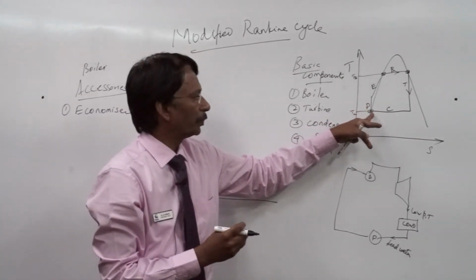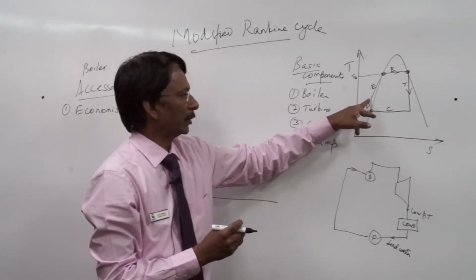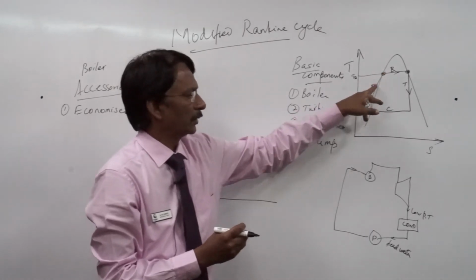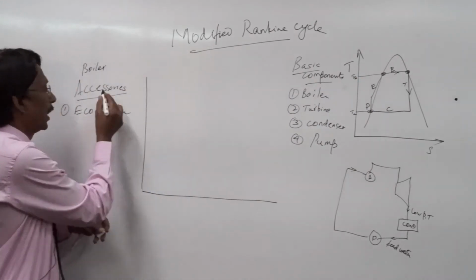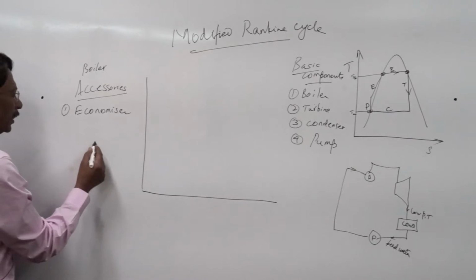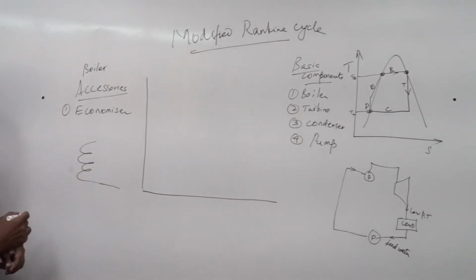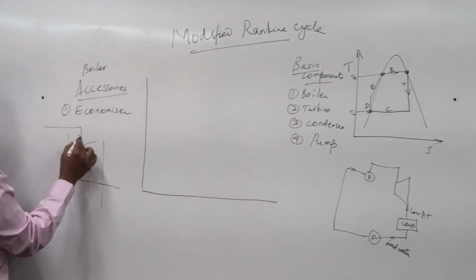And by way of pumping, there is a negligible increase in temperature. Then you can see here I have marked the economizer. Economizer is a boiler accessory. It is nothing but a tube which is placed in the path of the flue gases.